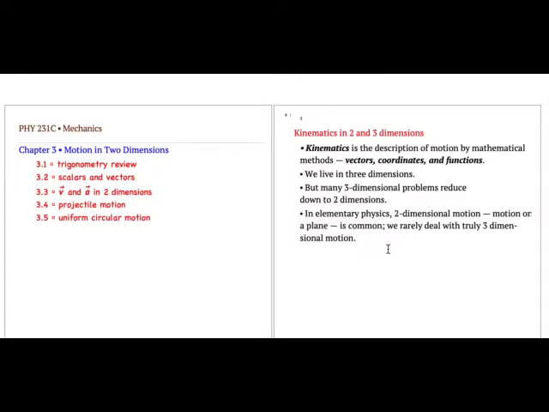Motion on a plane. There will be axes, let's say x and y axes. And the particle will be moving around in this plane.